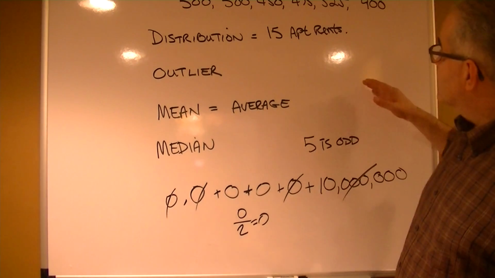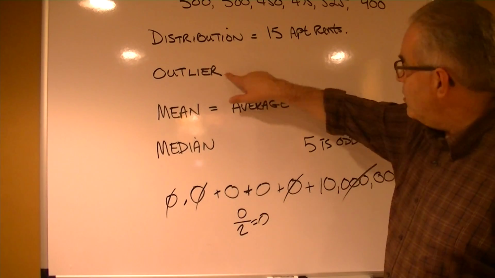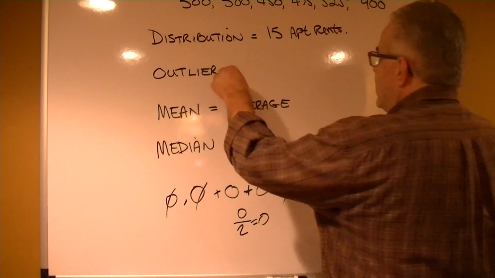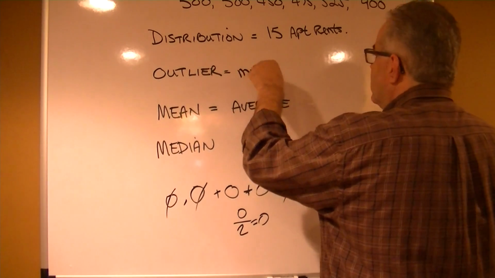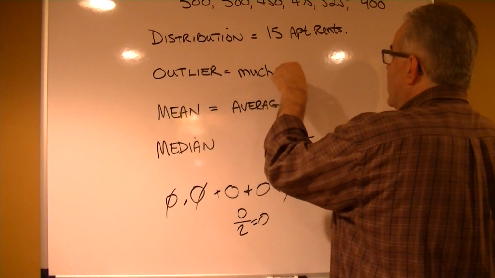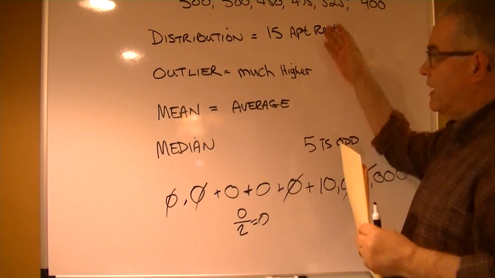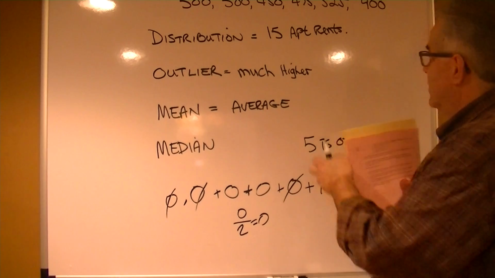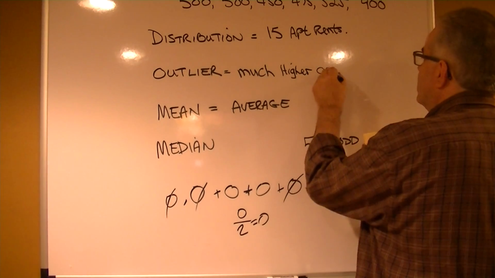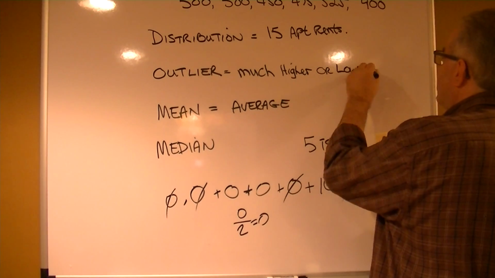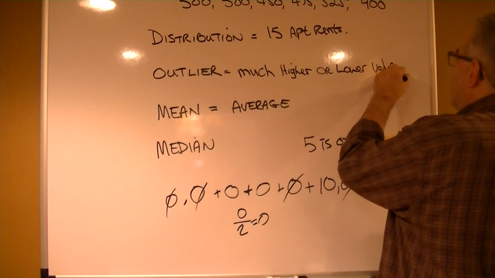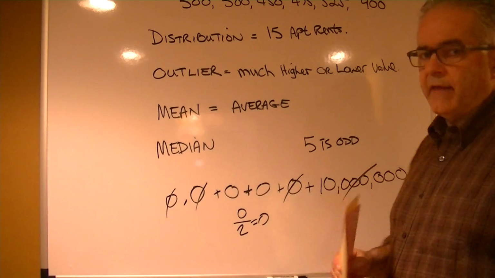And so the outlier is a much higher or lower number. It doesn't have to be higher. In this case, the outlier is much higher because the rent was higher. Much higher or lower value than all the others. And again, that's in your book.